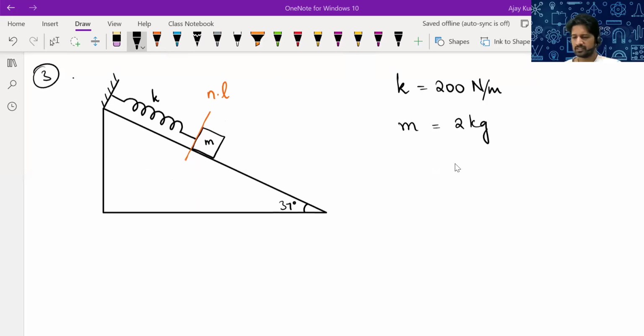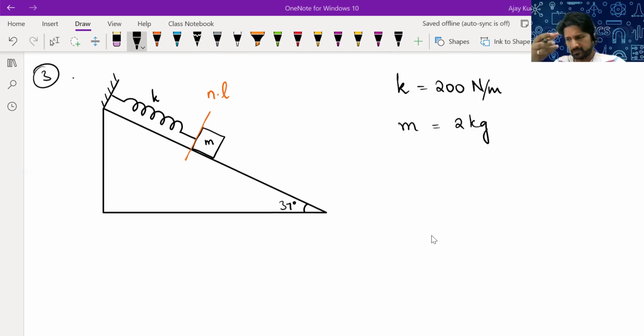Because the spring is not exerting any force, it's at natural length. What force acts on it? Anyway, it is mg's component which will pull the block away from that position. Correct. So this is not the mean position.